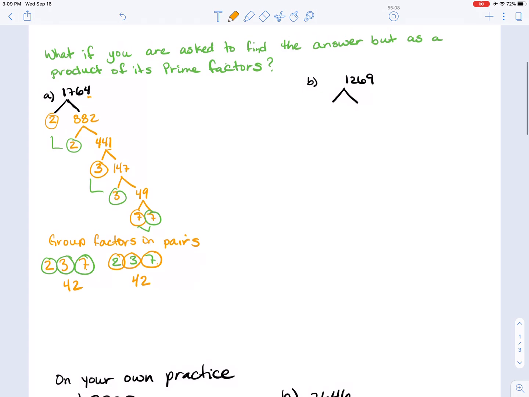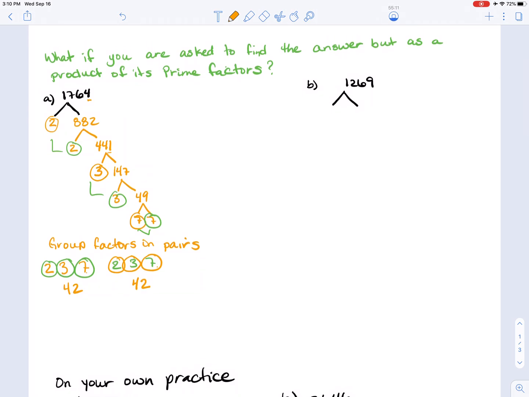Well, that's what we found out through our calculator. These are the factors, 42 times 42. This is a way of grouping the factors into pairs of prime numbers.